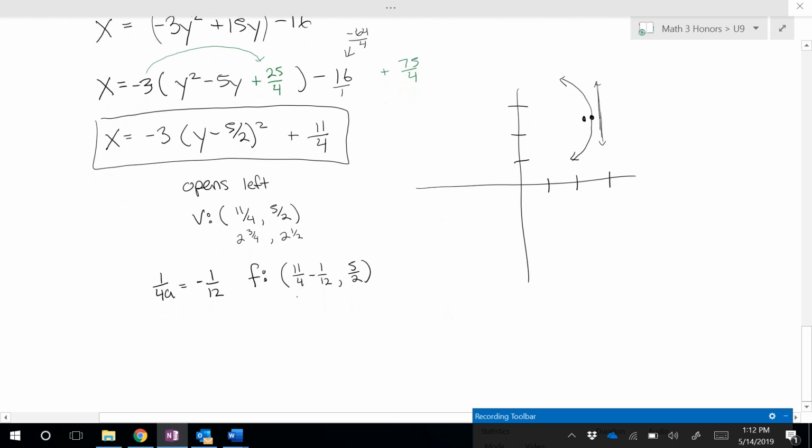And if we subtract that, get a common denominator, which would be 12, you get 32 over 12. You can reduce that. You could divide by 4 and get 8 over 3.